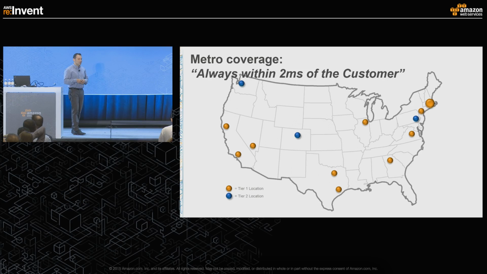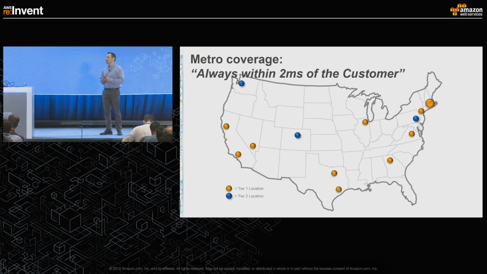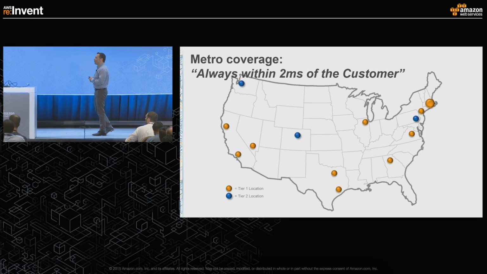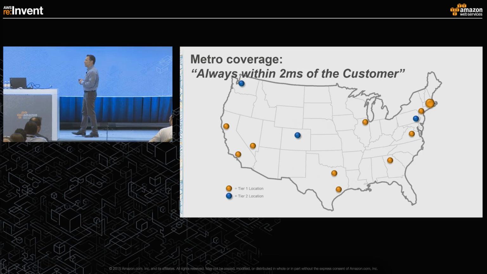Now, in order to deploy this, we actually have some very, very tight latency constraints. And because we have been, as yet, unable to speed up the speed of light, the only way in which we can actually offer customers the level of latency that is expected of primary storage at these edge locations is to build out within a couple of milliseconds of them.